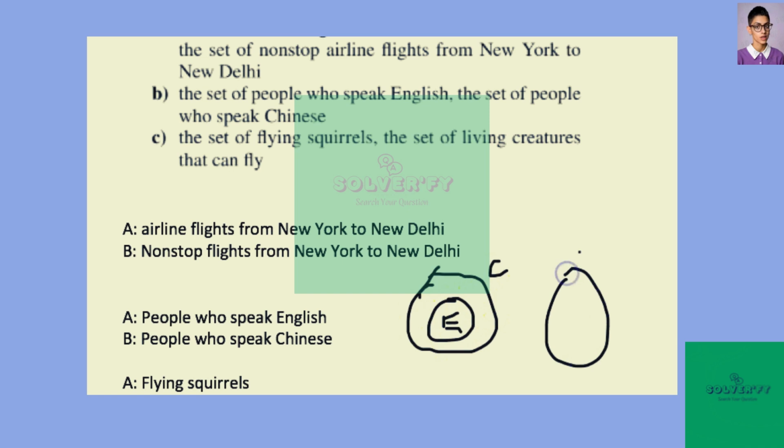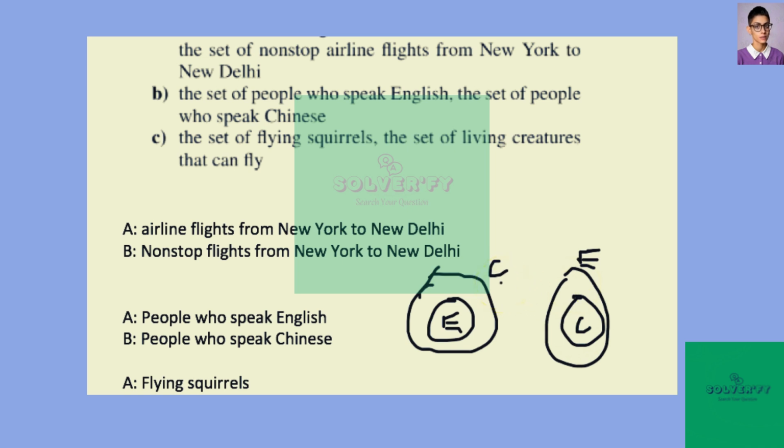Let's do the same thing with this, where we have our English, and somewhere in here we have our Chinese, and we say, okay, for this to be the case where people who speak Chinese is a subset of English, that would mean the folks who speak Chinese, all of them also speak English.